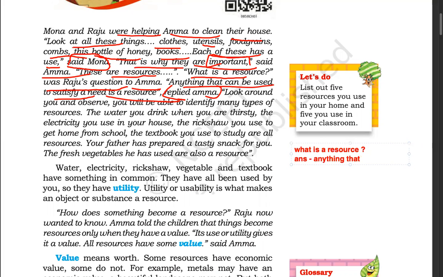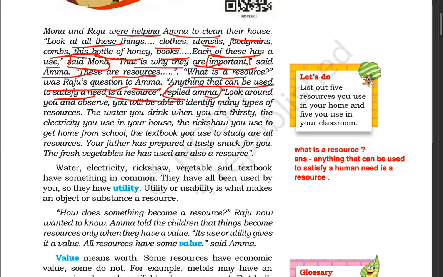Anything that can be used to satisfy a need is a resource, or you can say satisfy a human need, right? Just write all these pointers in your notebooks.